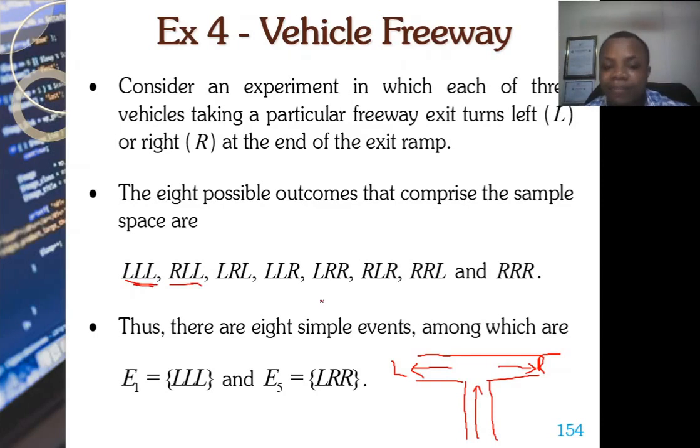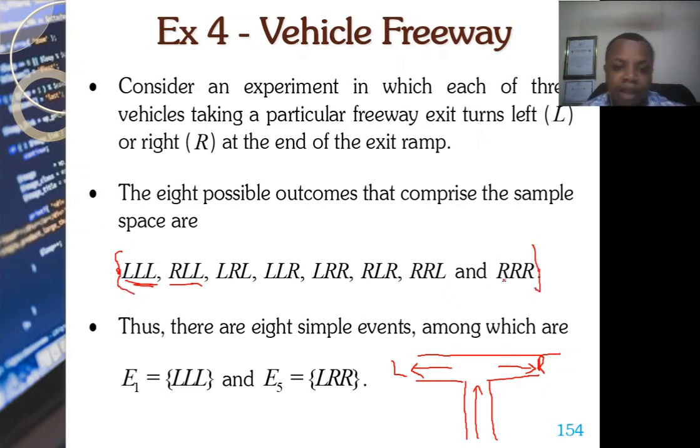In the same fashion, the others could go in other directions, and all this has been represented as the sample space that we have here. So we have 1, 2, 3, 4, 5, 6, 7, 8. So in this experiment we have 8 outcomes, and this whole set represents our sample space.